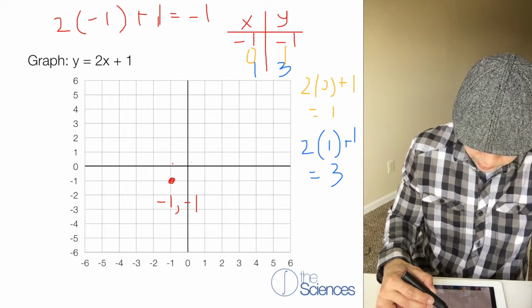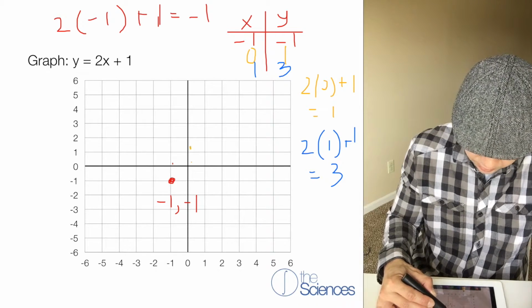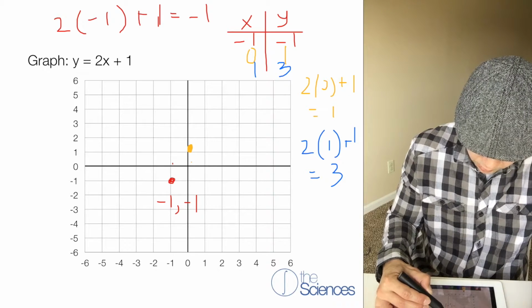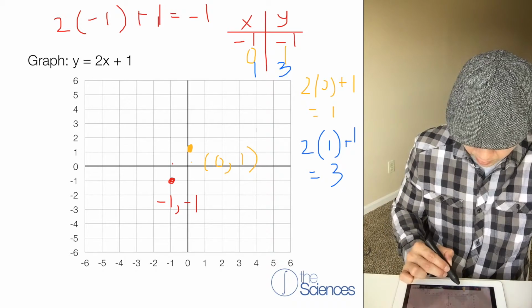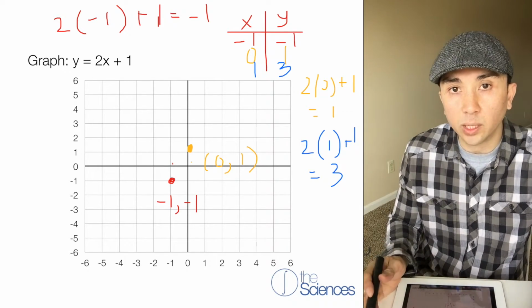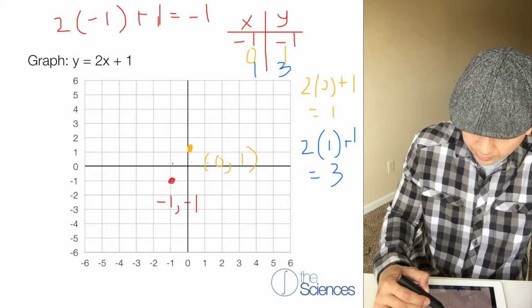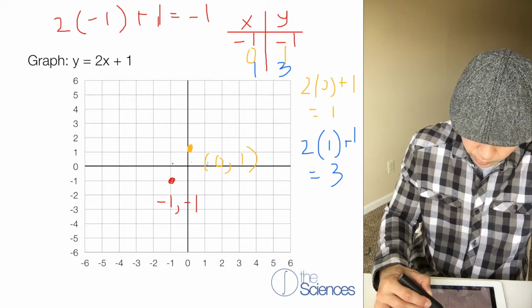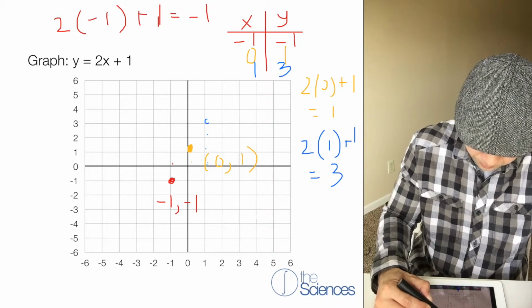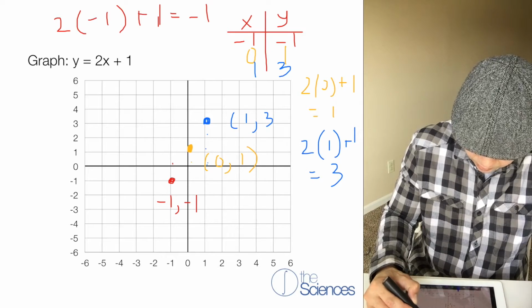So we're at 0 on the x-axis, and then we're going to go 1 up on the y-axis. So that's (0, 1). Now our third coordinate is (1, 3). So we're going to go 1 to the right on the x-axis, and then 3 places up on the y-axis. So we're going to go 1, 2, 3. So that's the point (1, 3).